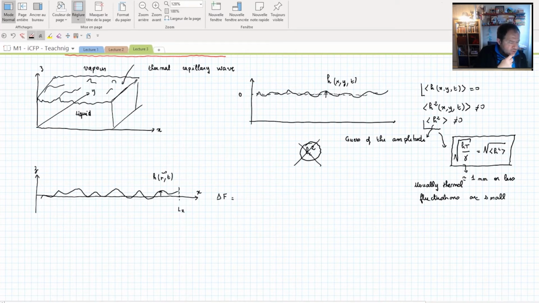I let you propose something, I let you write what will be the excess. The reference state will be the flat surface, of course.